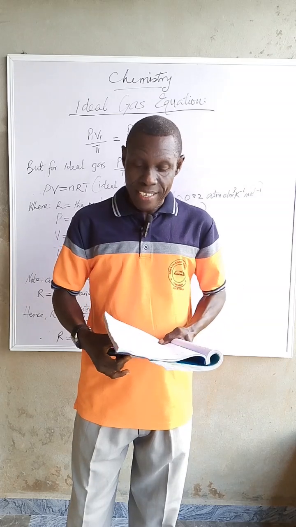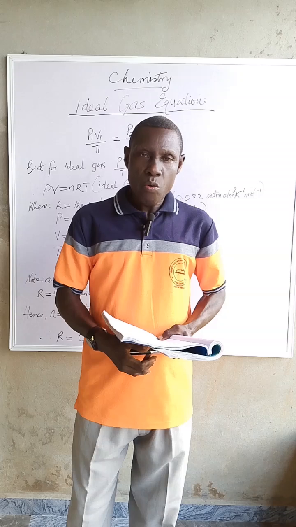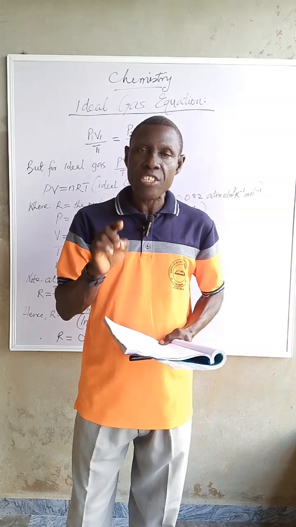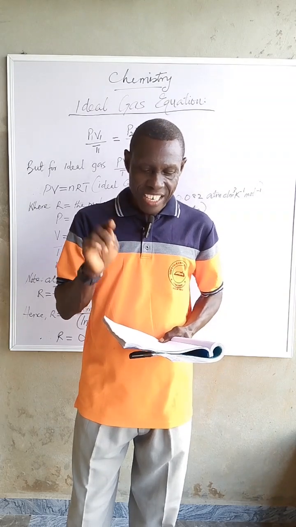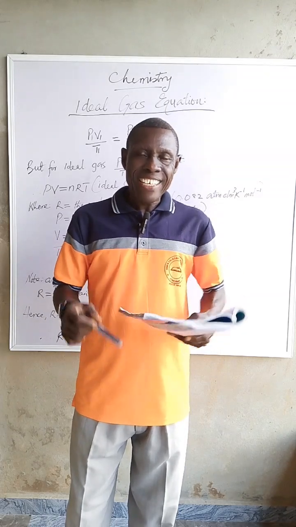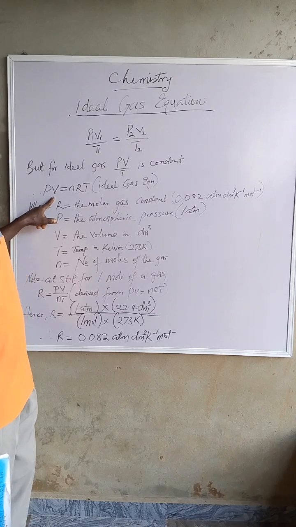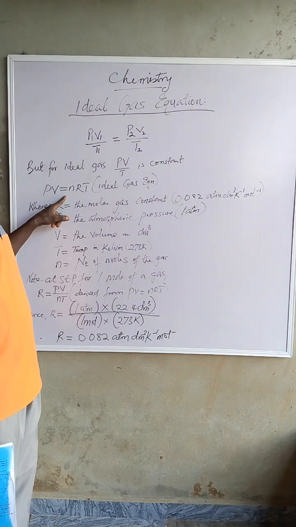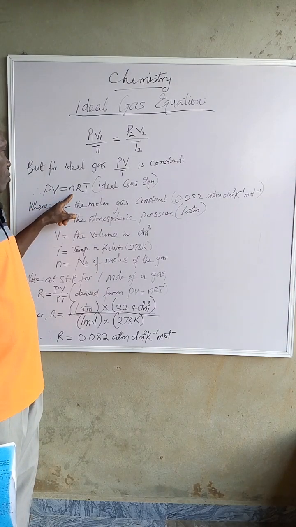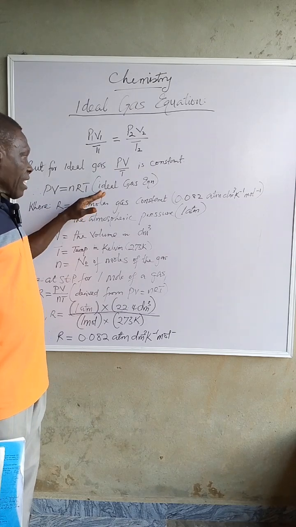It is also a fact that 1 mole of any gas at STP occupies a volume of 22.4 dm cube. So the ideal gas equation is expressed as PV equals nRT.